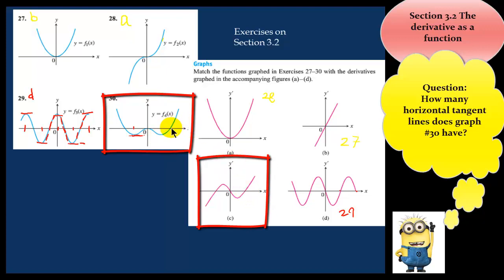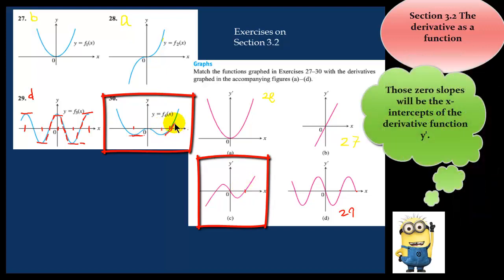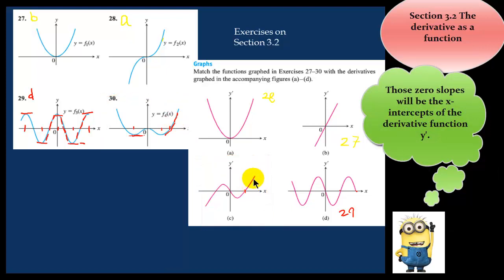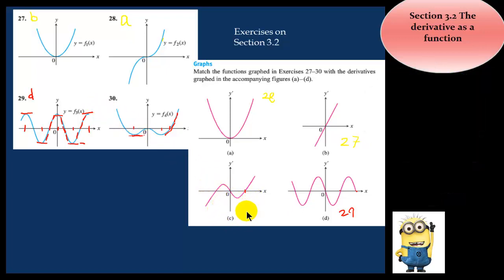And then to the right, these are all positive slopes. So the y values of the derivative function will be above the x-axis. So I hope that helps you match the derivative function and the original function with how we've looked at all these 4 examples or 4 problems.